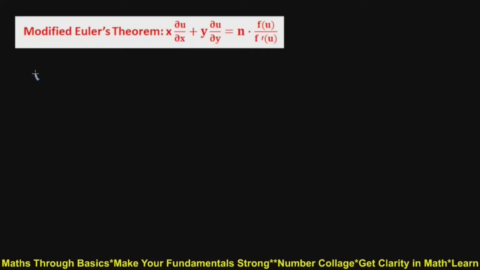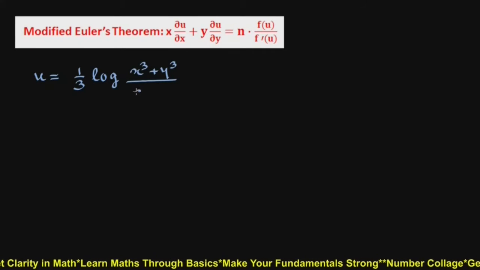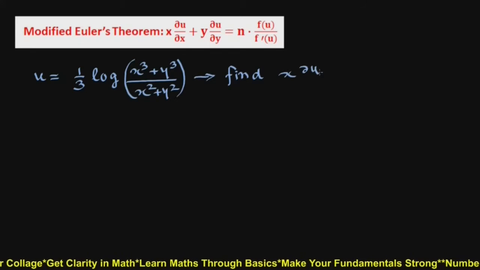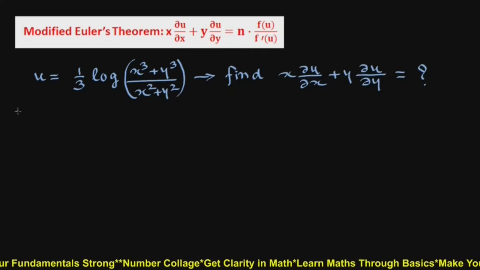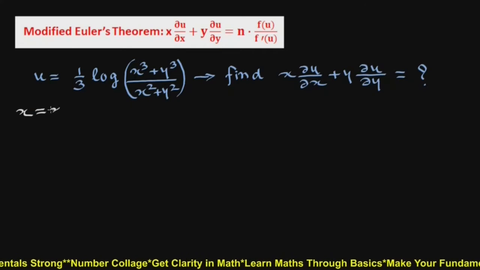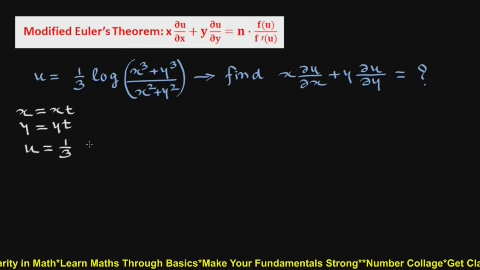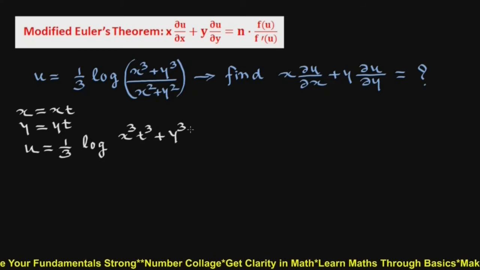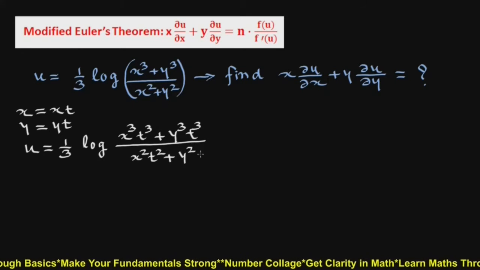If u is 1/3 log of (x cube plus y cube) upon (x square plus y square), we have to find x dou u by dou x plus y dou u by dou y. We will put x equals xt and y equals yt. So u becomes 1/3 log of (x cube t cube plus y cube t cube) upon (x square t square plus y square t square).